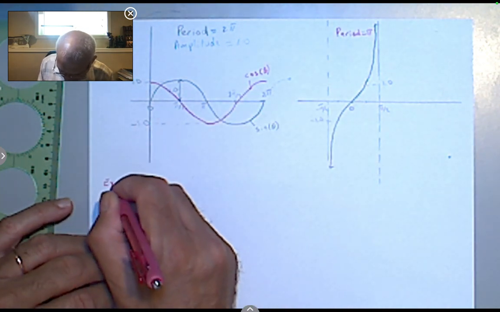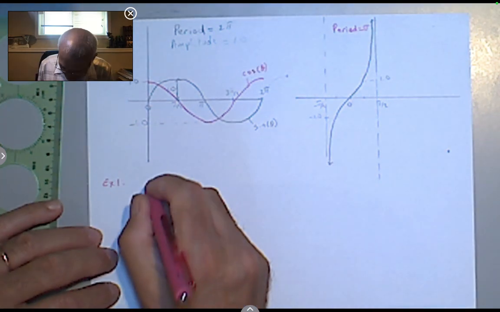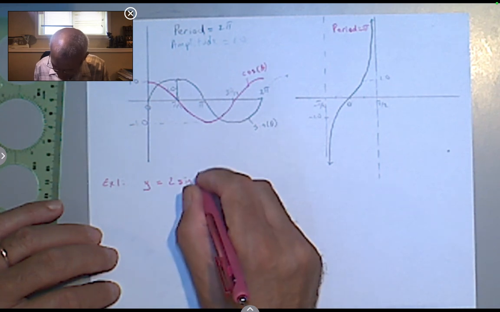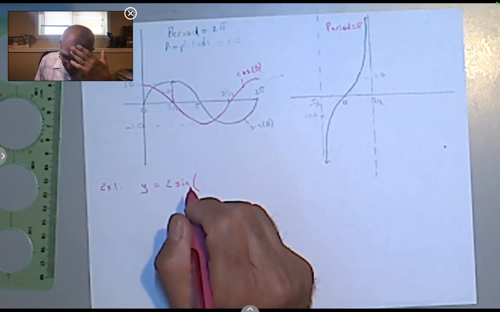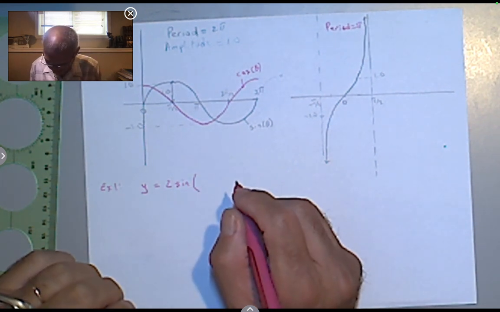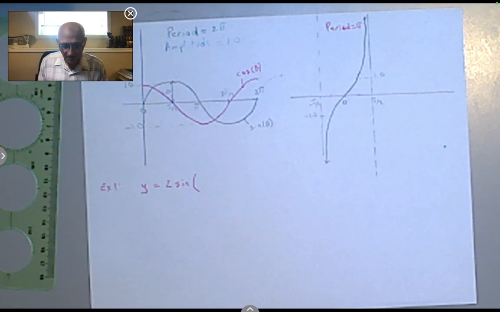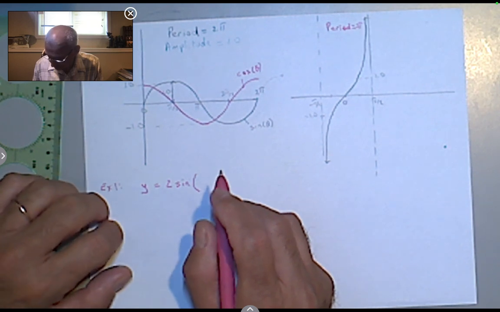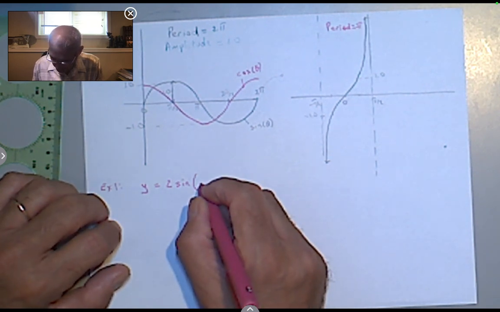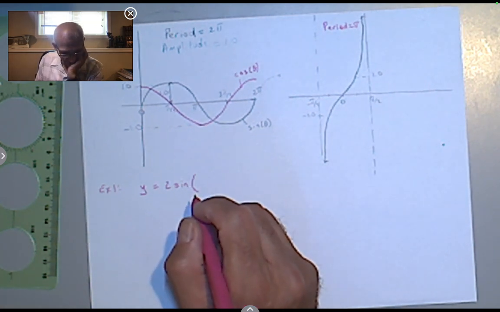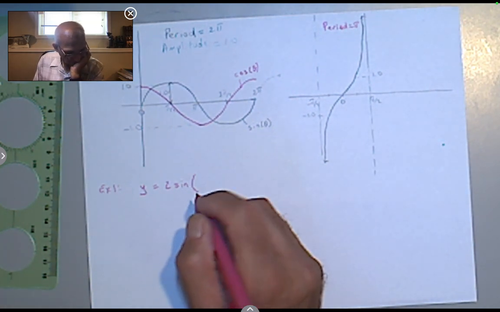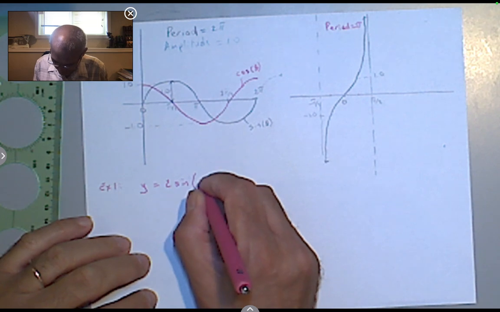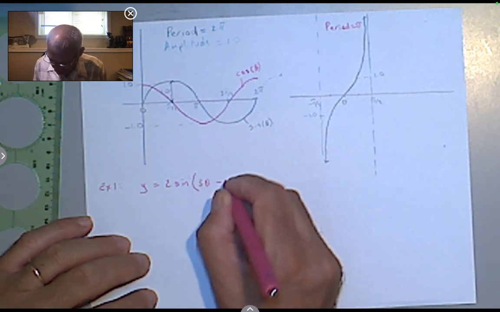Example 1: suppose I have y equals 2 sine of 3 theta minus pi/2.